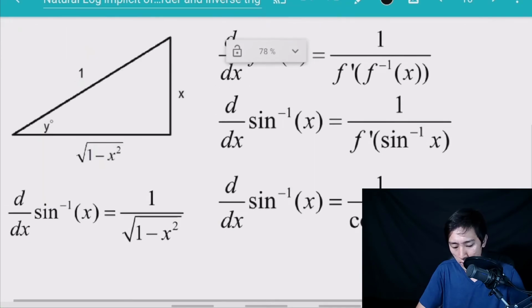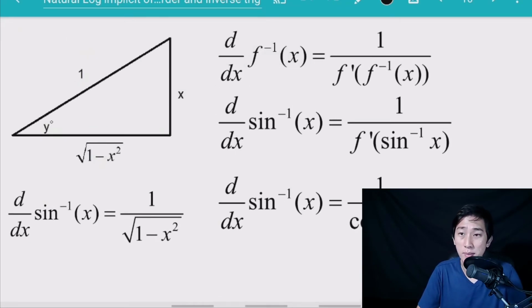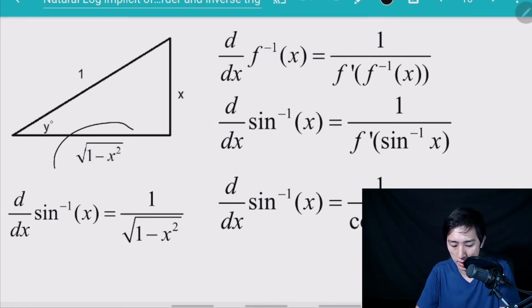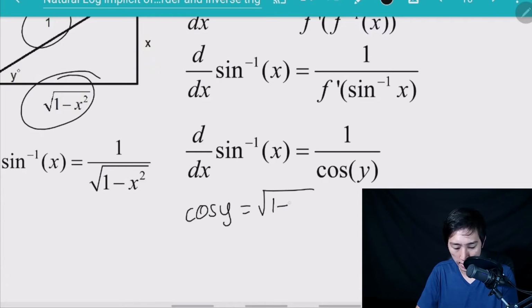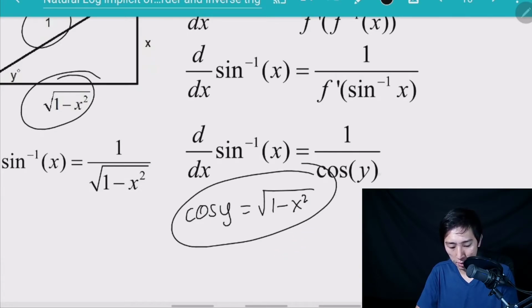Now, once we're here, cosine of y says, what is my adjacent to hypotenuse ratio? So we're going to take adjacent over hypotenuse, and cosine of y equals the square root of 1 minus x squared over 1, or just the square root of 1 minus x squared. So when I plug that in here, we get this.